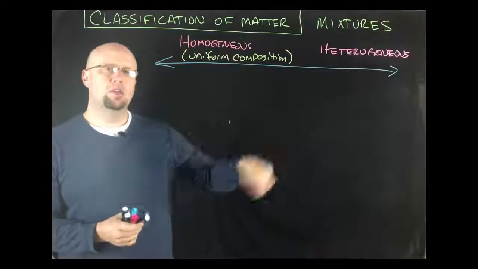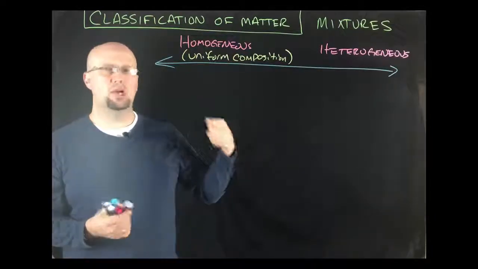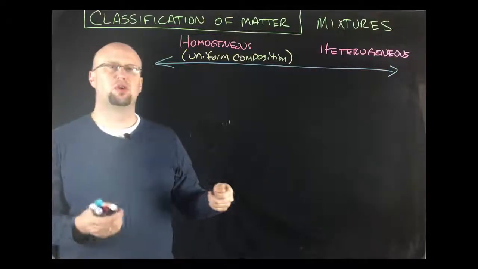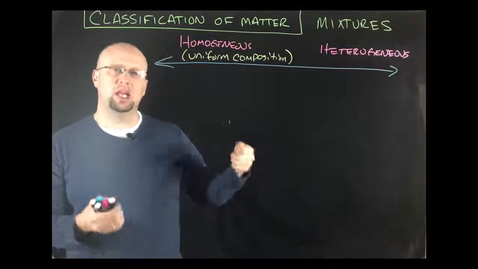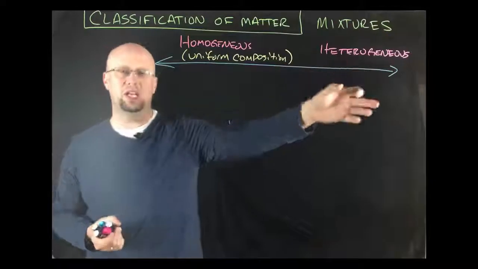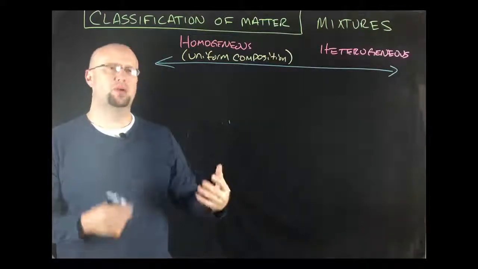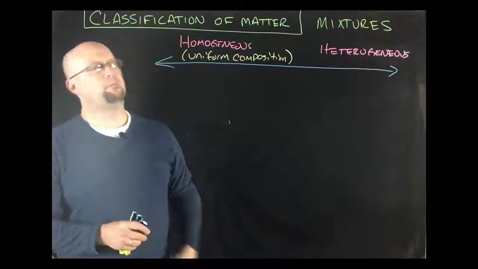And so you might take a spoonful of it, and in one spoonful you get 2 pieces of potato and some broth, and the next spoonful you get a green bean and a carrot and a potato. And so it's heterogeneous. It's not the same throughout. If you sampled it in different parts, you would get different amounts of stuff.